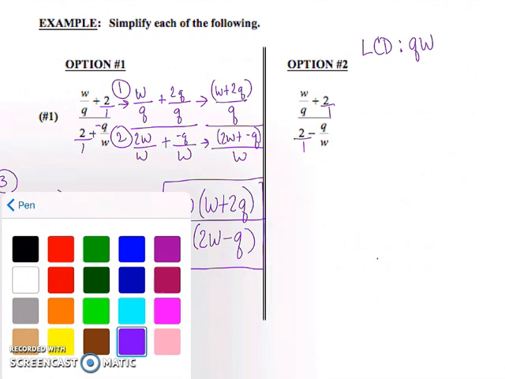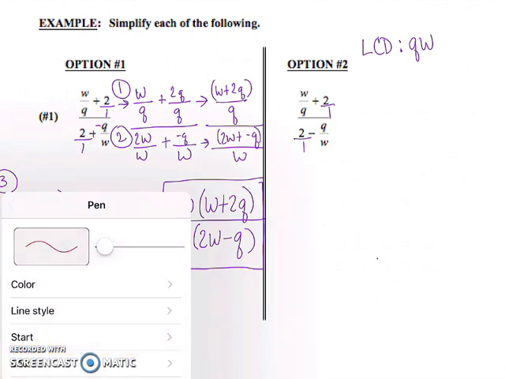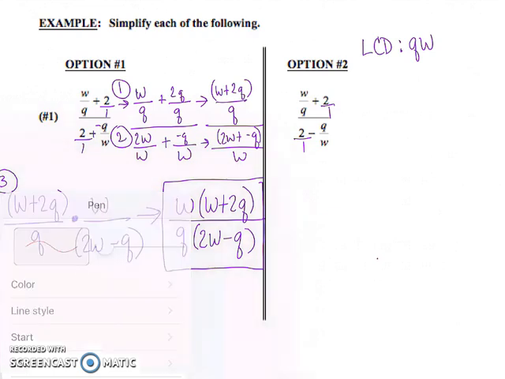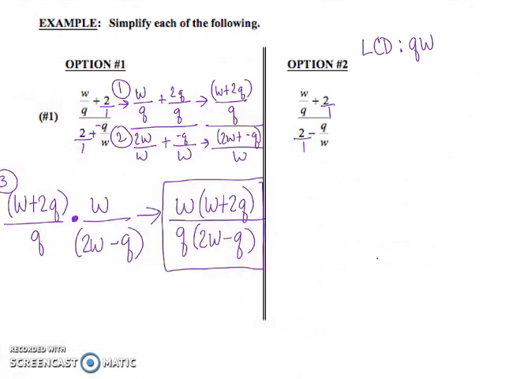I am going to multiply everything by my LCD. All 4 fractions are going to get multiplied by QW in the numerator. Now I'm going to do some reducing, because if something is the same upstairs and downstairs, you get to cross it out.